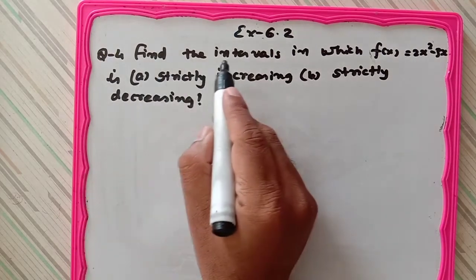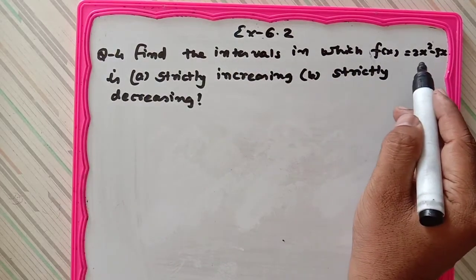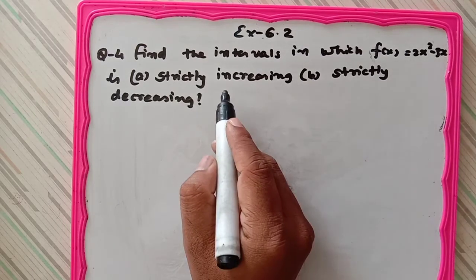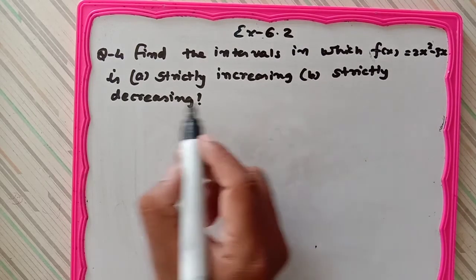Question 4: find the intervals in which f(x) = 2x² − 3x is strictly increasing and strictly decreasing.